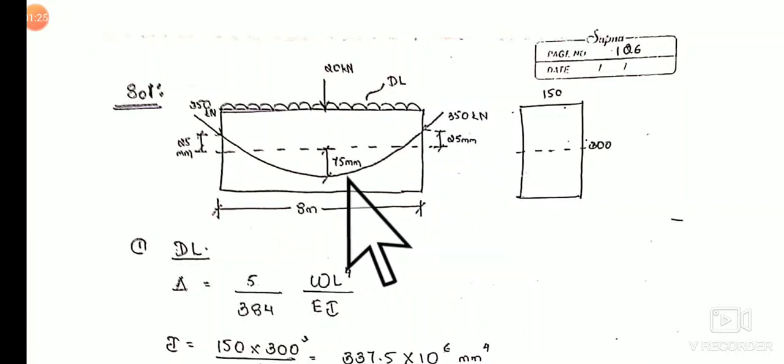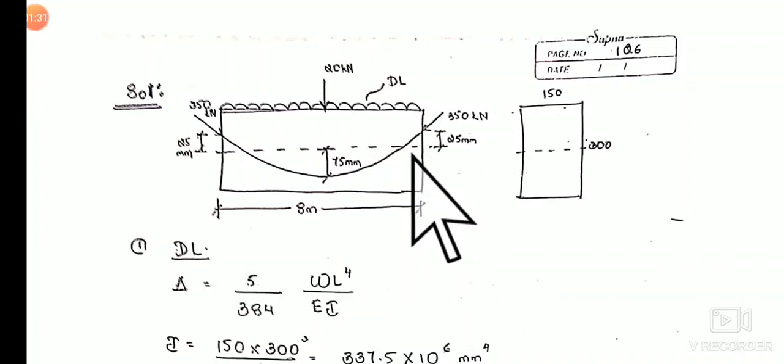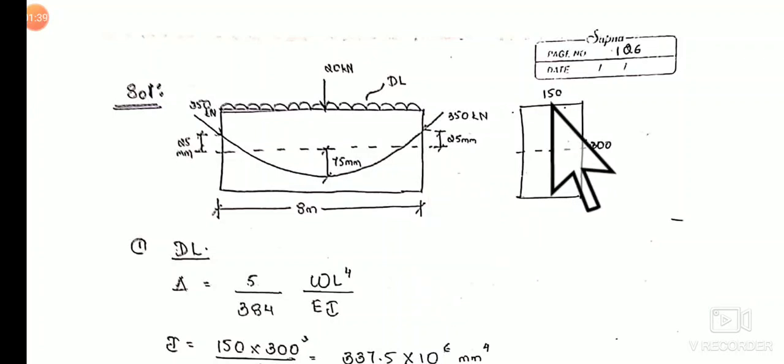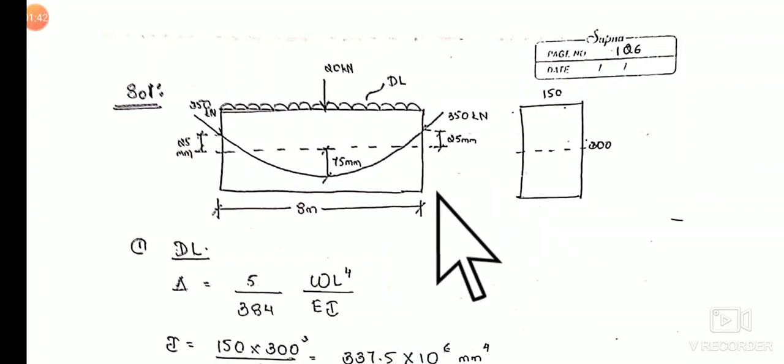The cable is having an eccentricity of 75 mm towards the soffit at the midspan and it is having an eccentricity of 25 mm towards the top at the supports. Cross sectional dimensions 150 by 300 mm. So these are the given details.